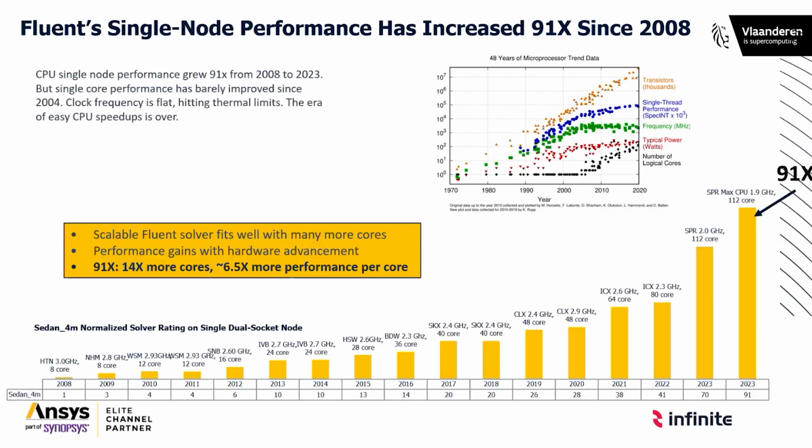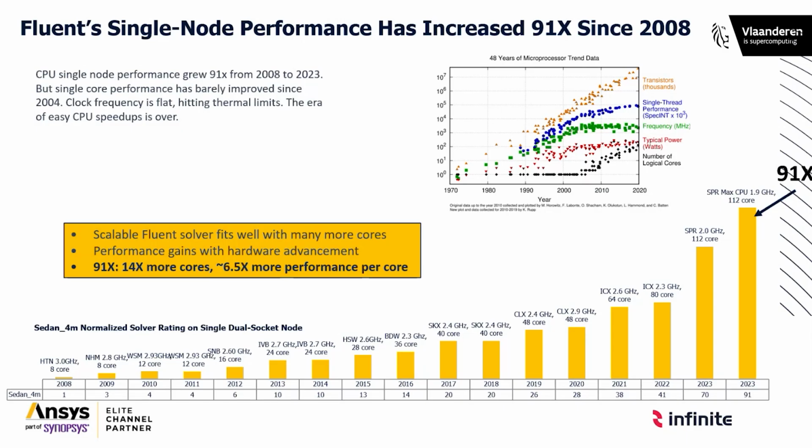If you then look at our CFD performance on these CPU processors, then we see that over the years we made drastically increased performance, but this was mainly due to increased cores per processor. If we look from 2008 until 2023, we see that we go from 8 cores to 112 cores on one processor. It's an increase of 14 times.